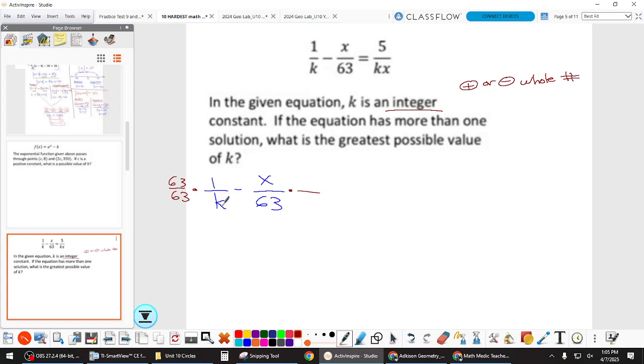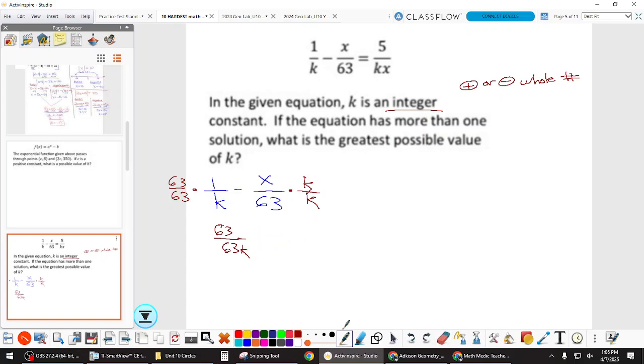Well, it's this guy's denominator, right? So it just needs a k. So this becomes 63 times 1 is 63. 63 times k is 63k. That's that for now. Okay?